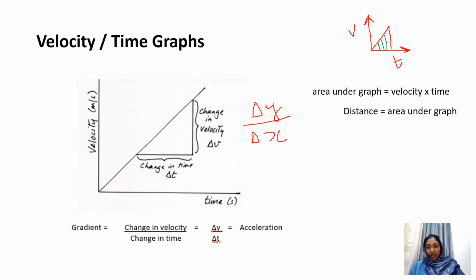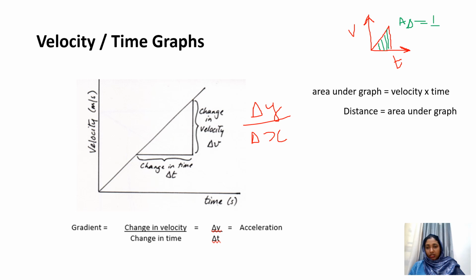So draw the triangle. What is the area of a triangle? Area of a triangle is half base into height, isn't it?